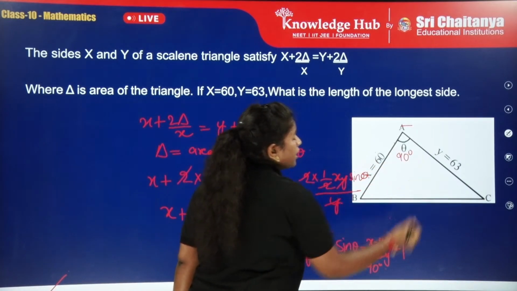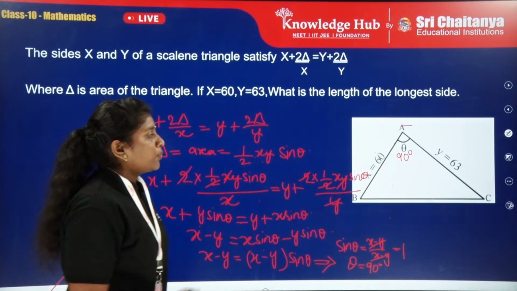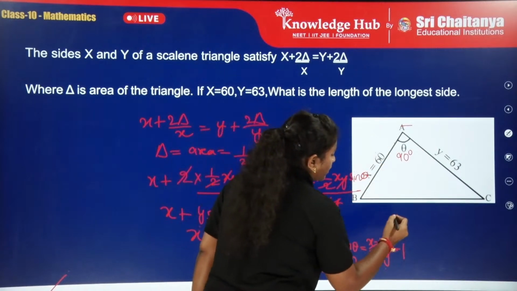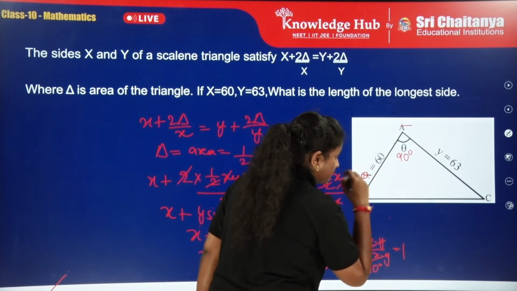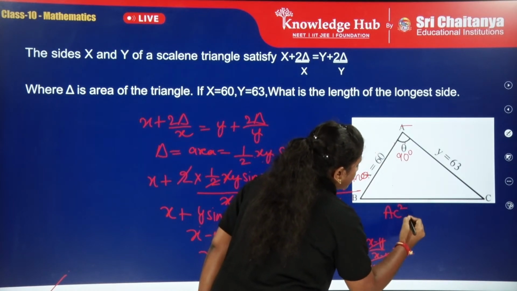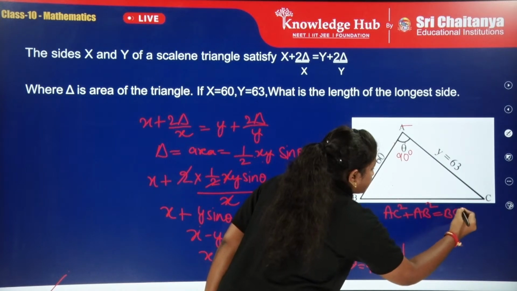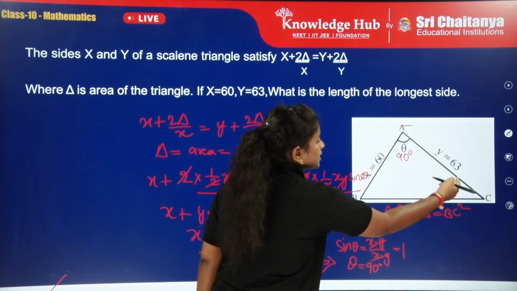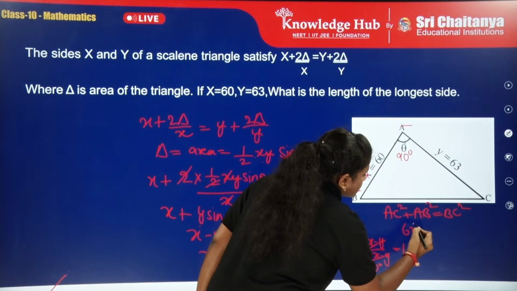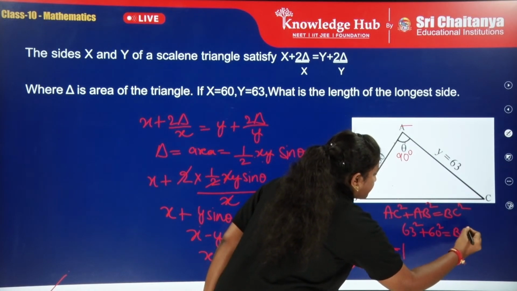That means it will become a right angle triangle. So here you can apply the Pythagoras theorem. Here the opposite side is nothing but BC. So it will become AC square plus AB square equals BC square. Now the AC value is 63. So 63 square plus 60 square equals BC square.